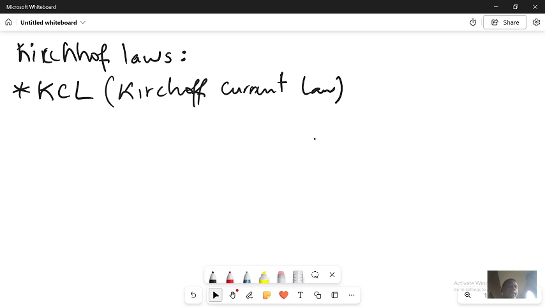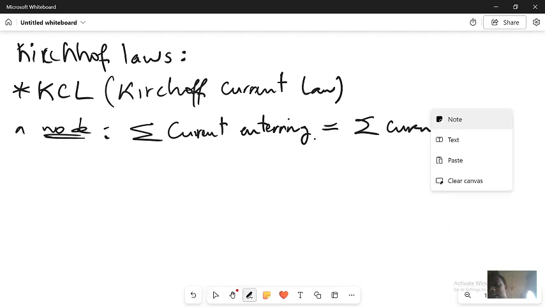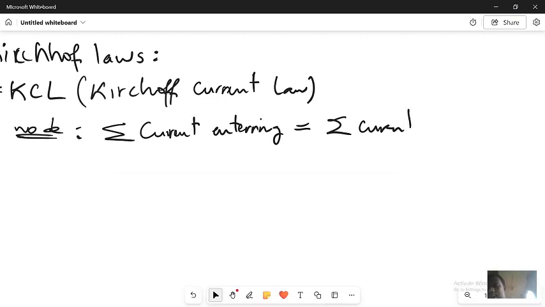What does it state? Kirchhoff current law, KCL, states that in a node, we already discussed node, in a node, the summation of currents entering equals the summation of currents leaving.